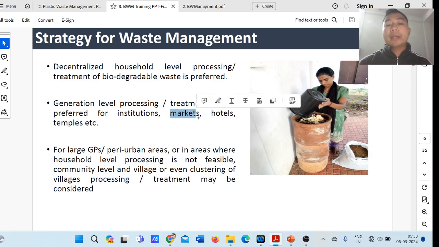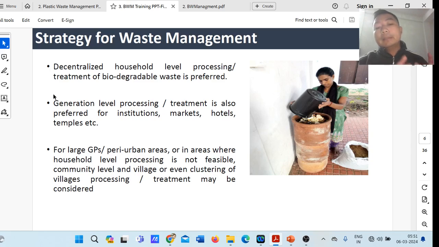If you go to the Sabji Bazaar, the market, every day they may produce more than 50 to 100 kgs of biodegradable waste in the supermarket or hotel, the leftover foods. So this can be used as a strategy for biodegradable waste management. And in an institution, every day more than 1,000 people produce different waste. So that level of processing and treatment can also be useful.